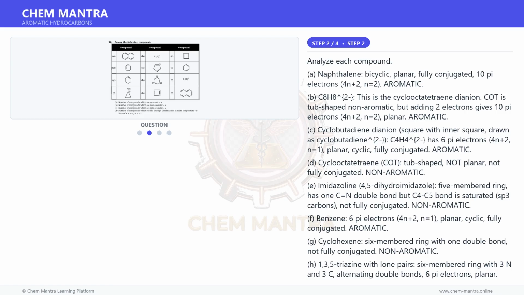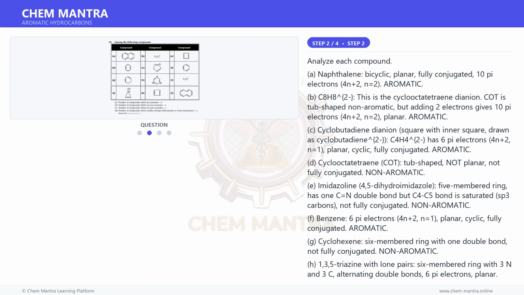Non-aromatic. H. 1,3,5-triazine with lone pairs, 6-membered ring with 3 N and 3 C, alternating double bonds, 6 pi electrons, planar. Aromatic. The lone pairs shown are in sp2 orbitals, not contributing to the pi system in a way that makes it non-aromatic. The ring pi system has 6 electrons.